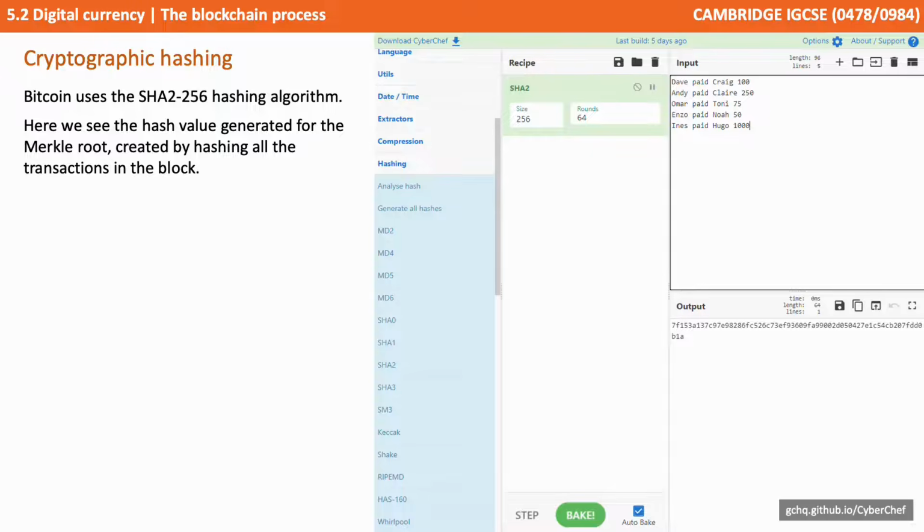Now, as mentioned, Bitcoin uses the SHA-256 hashing algorithm. And here we see the hash value generated for the Merkle root, created by hashing all the transactions in the block. I'm using a great free little site here called CyberChef, and I've popped the URL in the bottom right-hand corner.